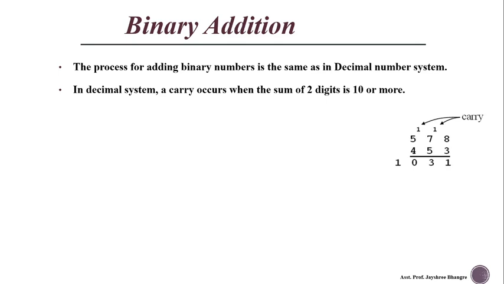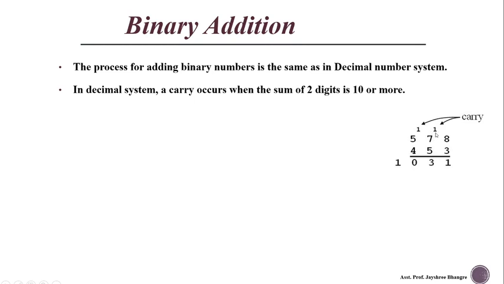Here the decimal addition is shown. We have to add these two decimal numbers. Starting from the LSB, we add 8 plus 3, that is 11. Out of 11, the unit place digit is taken as the sum and the tens place digit is forwarded as a carry to the next column.